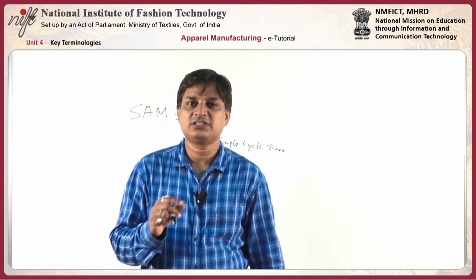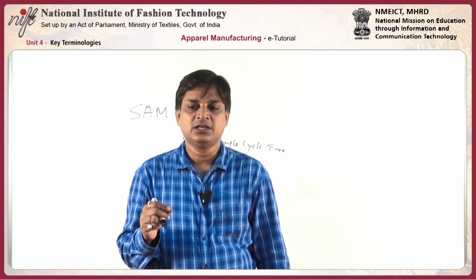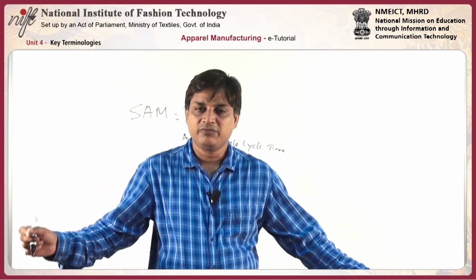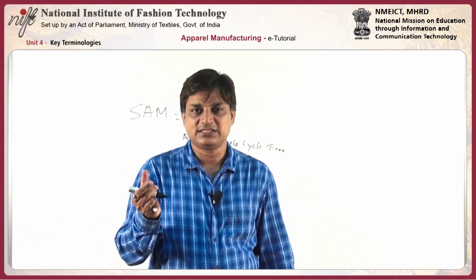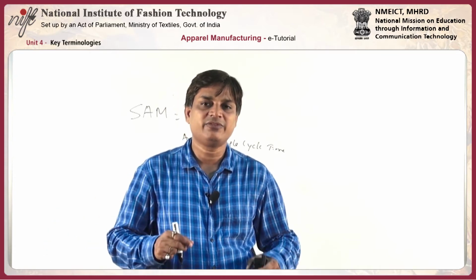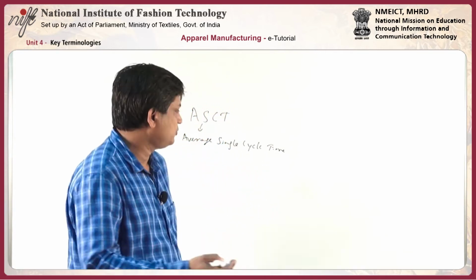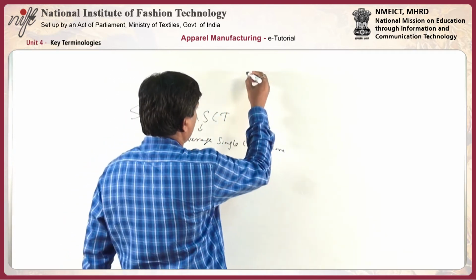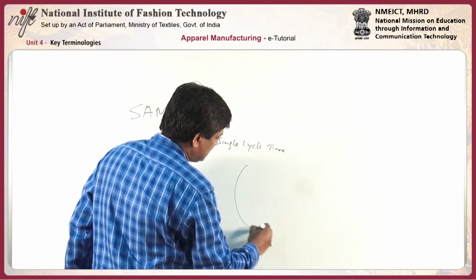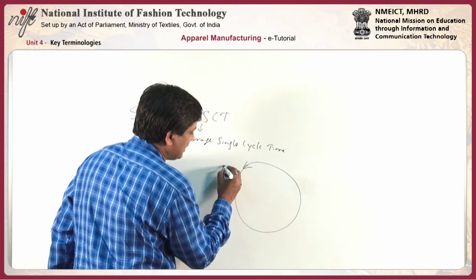Suppose we take the collar run stitch operation. We have to pick two plies of the collar, top and bottom. So picking is required, then we align, then we do the sewing, and then dispose.